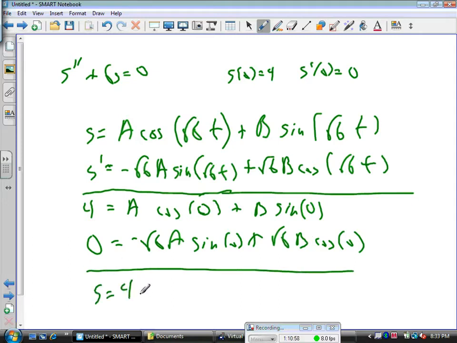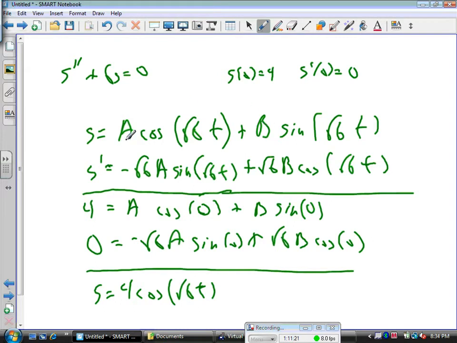So I'm not going to finish 18 because the rest is the same. Be careful though. If this is 0 and this is not, you're going to get sines. If both of them are not 0, you're going to get A and B, and one of them isn't going to be 0.